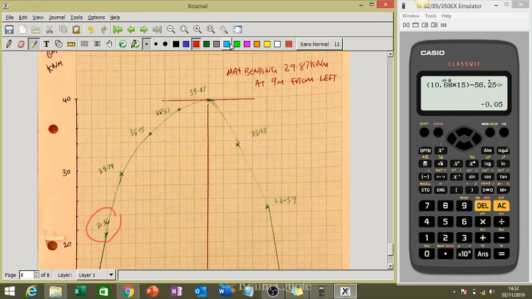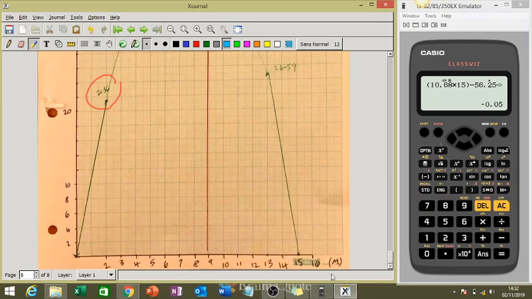This is the most important point. That's the most important point there, because it's the maximum bending moment. 9 meters from the left, that's where the maximum bending moment is, and that is where it could fail. It's going to most likely fail there due to bending. So at x equals 9 is our maximum bending moment. Then it comes back down to 0.